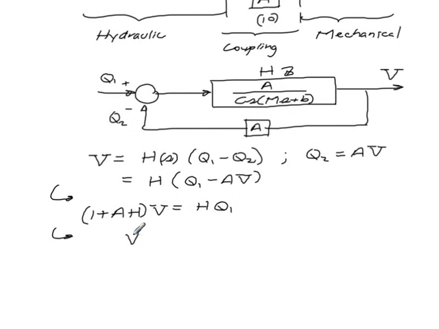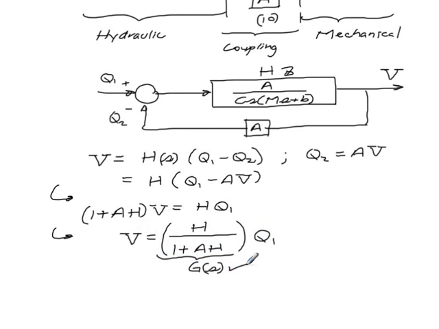And therefore our transfer function becomes the open loop transfer function H divided by 1 plus AH. And if you multiply this out, you'll find that that's the same transfer function that we got above if we didn't use the block diagram approach.